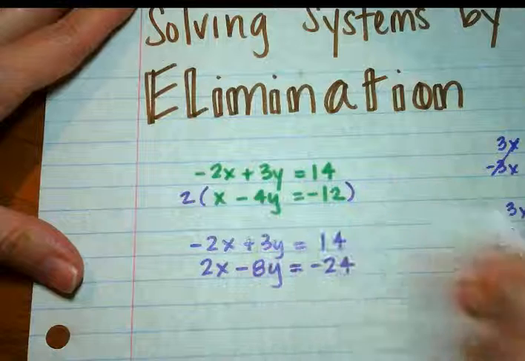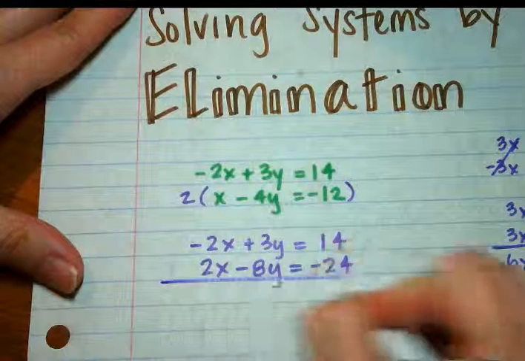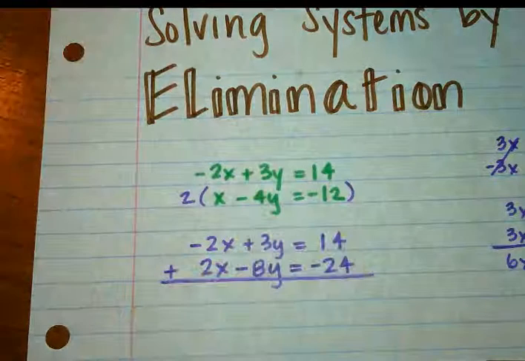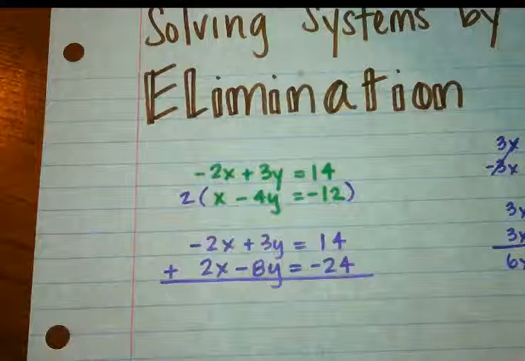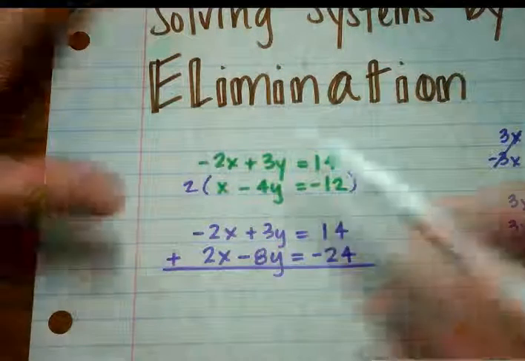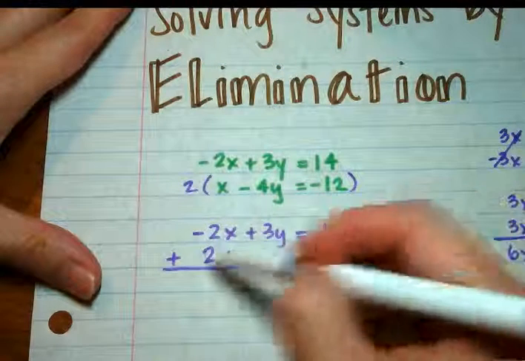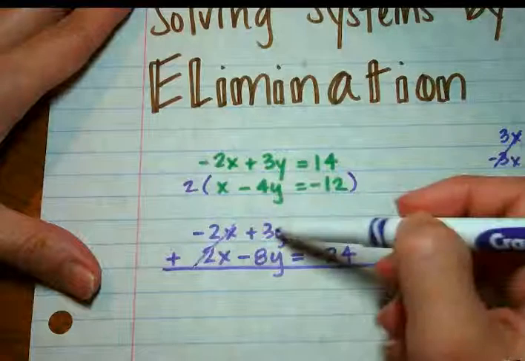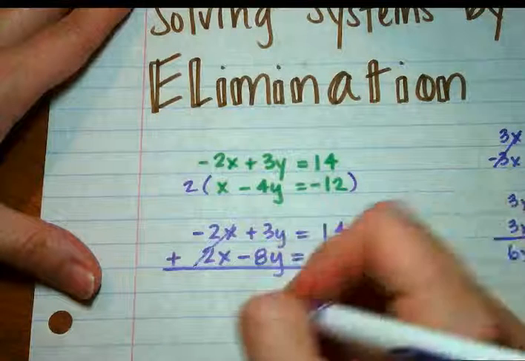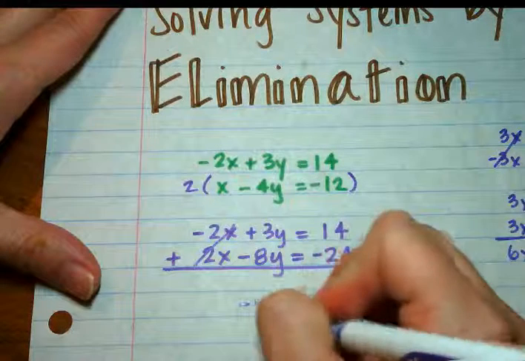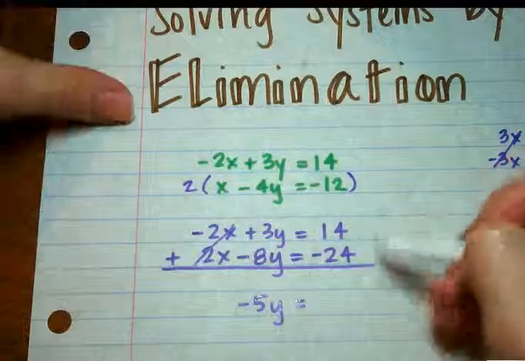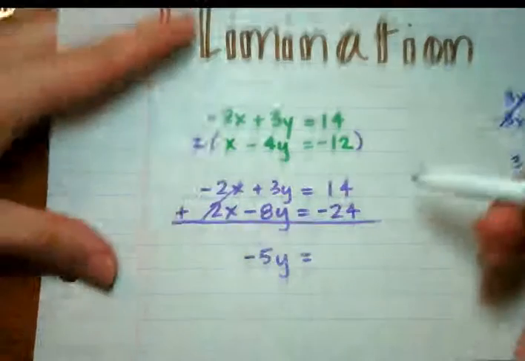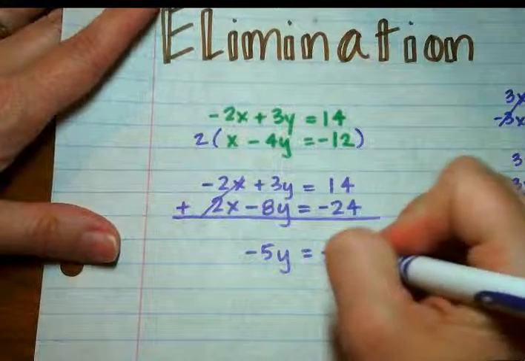Equals 14. So now what we're going to do is combine these together, and we say we combine them by adding, but you do have to pay attention to the positives and negatives. So a negative 2x with a positive 2x is going to cancel. A 3y with a negative 8y is going to be negative 5y. And 14 with a negative 24 is going to be a negative 10.